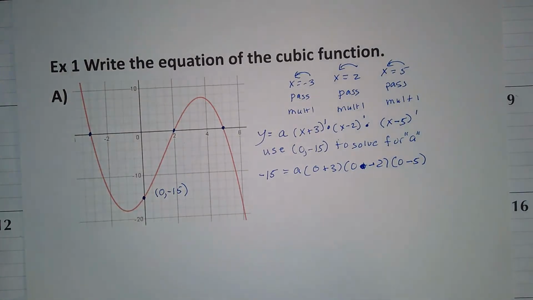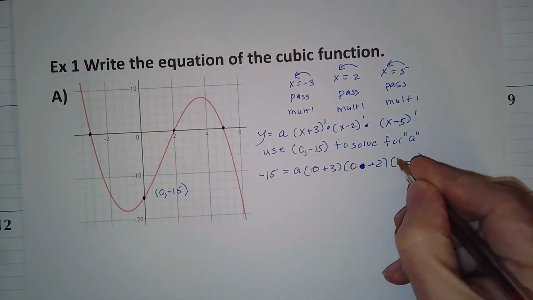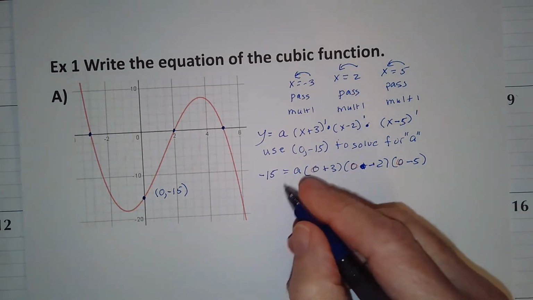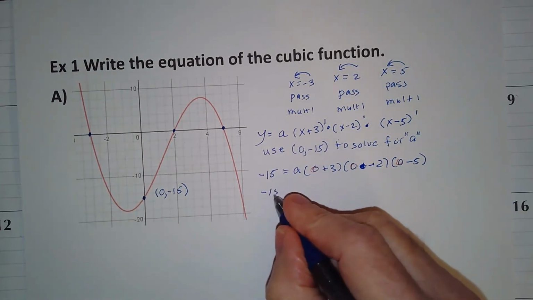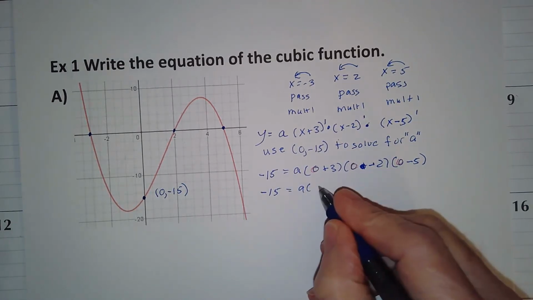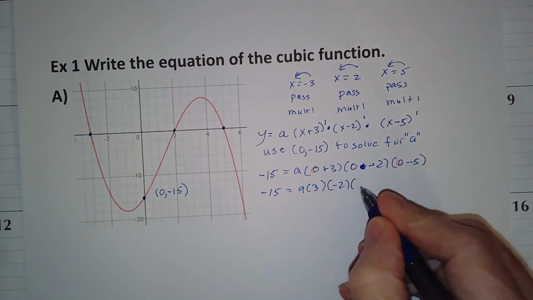And so remember that those zeros, they're going to go away, really, right? They're going to go away. So you're going to be left with negative 15 equals a times 3 times negative 2 times negative 5.